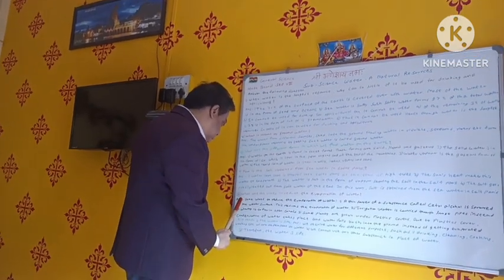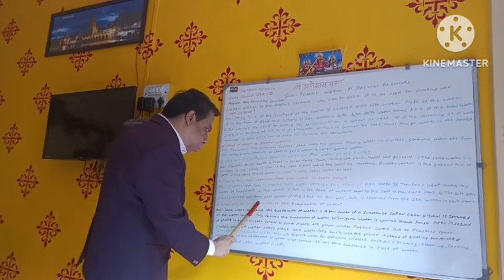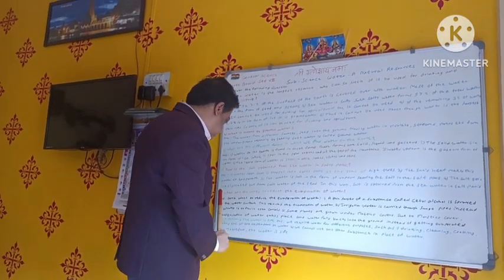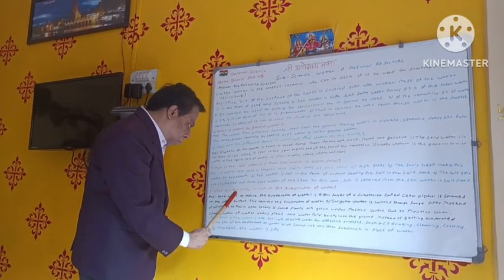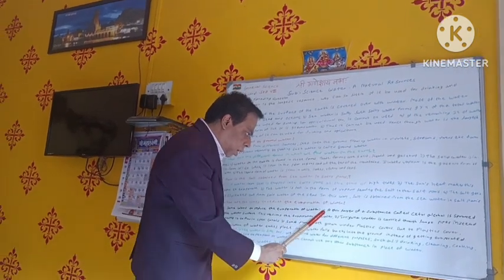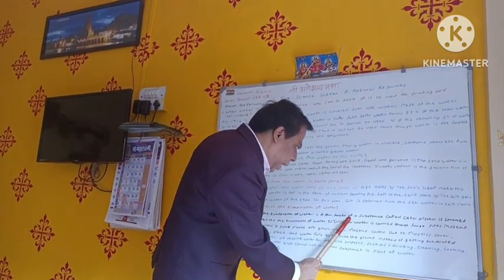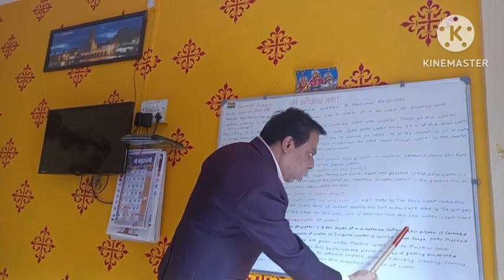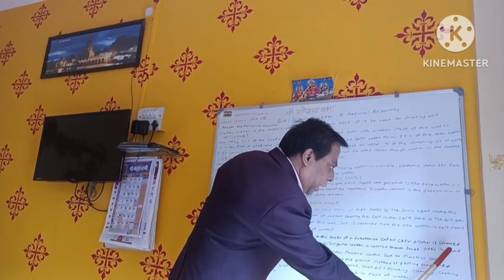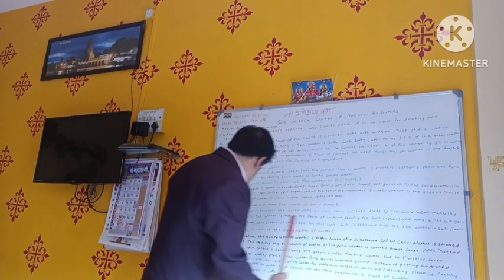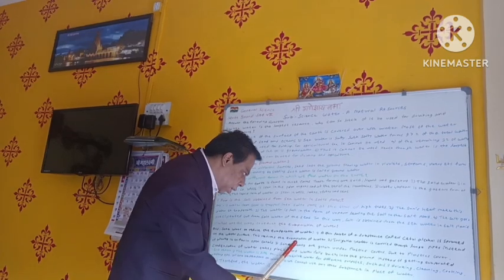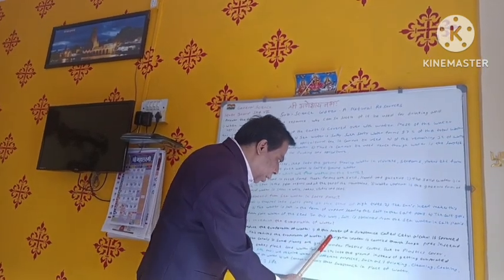Fifth question. What are the ways to reduce the evaporation of water? Answer. Some ways to reduce the evaporation of water: First, a thin layer of a substance called cetyl alcohol is spread on the water surface. This reduces the evaporation of water.